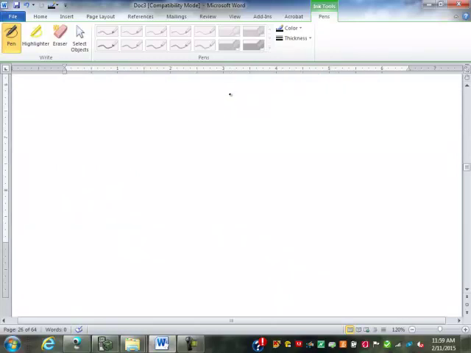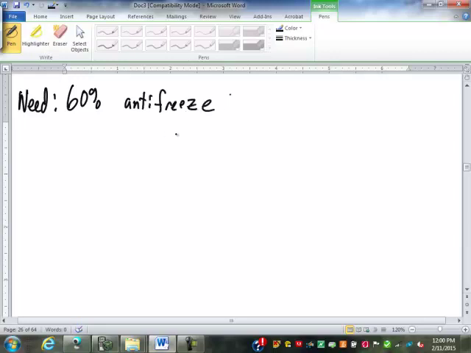Similar to that, let's look at a cooling system that requires, so we need 60% antifreeze. If I wanted to be technical, we'd say 60% ethylene glycol in the system.